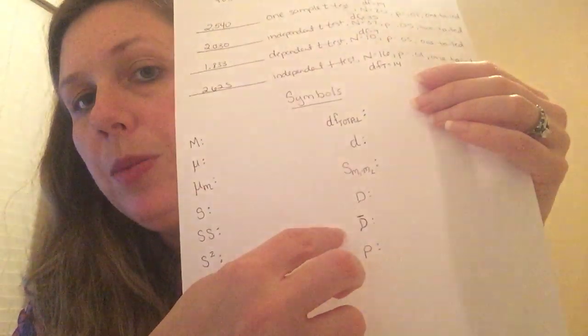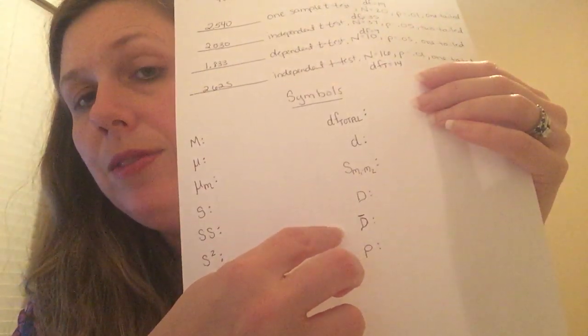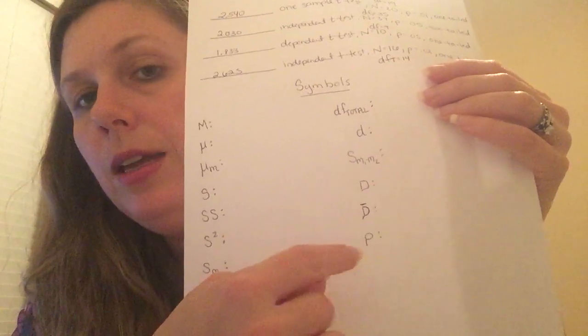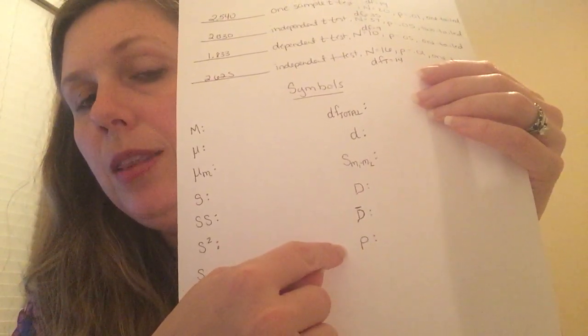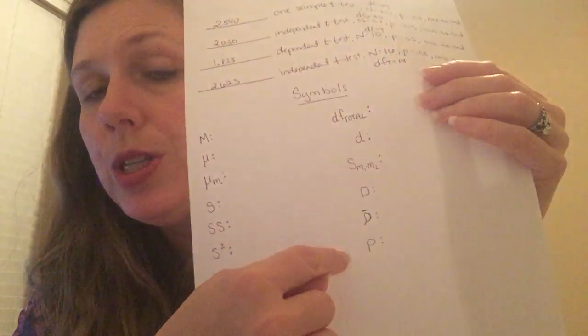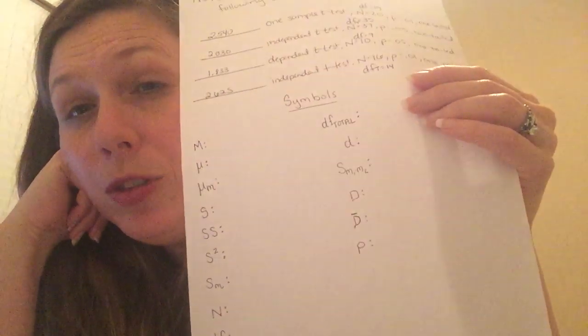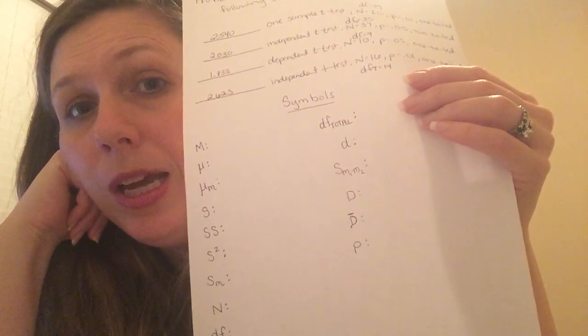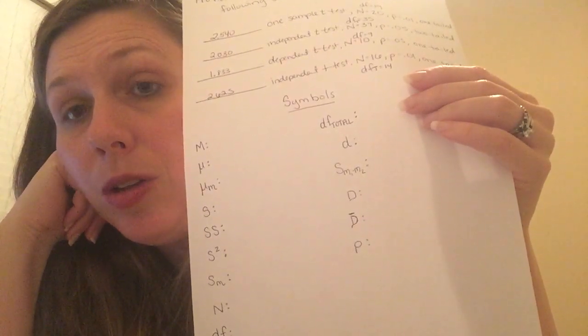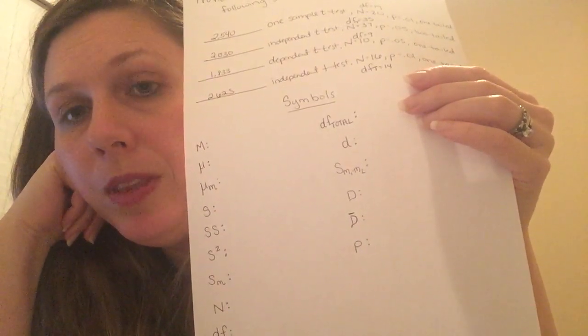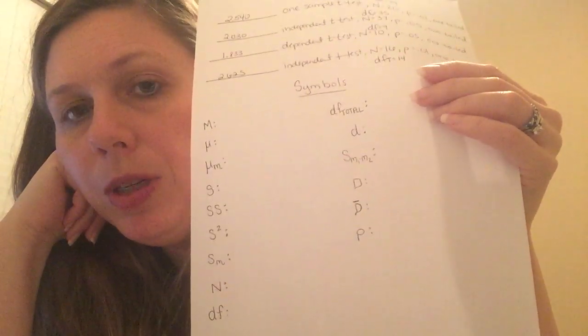The capital D with the bar on top of it is the mean of the D scores. And the P right there is your p-value or your significance level, basically the level at which you're comfortable with possibly rejecting the null and being wrong. So your type 1 error rate, if you will.